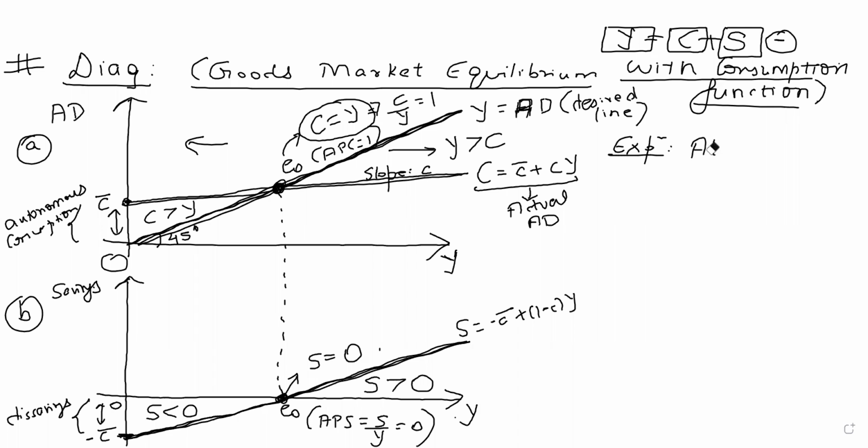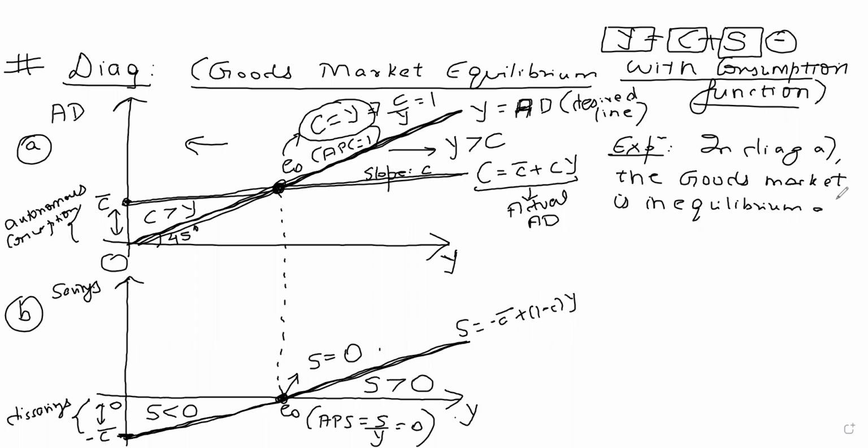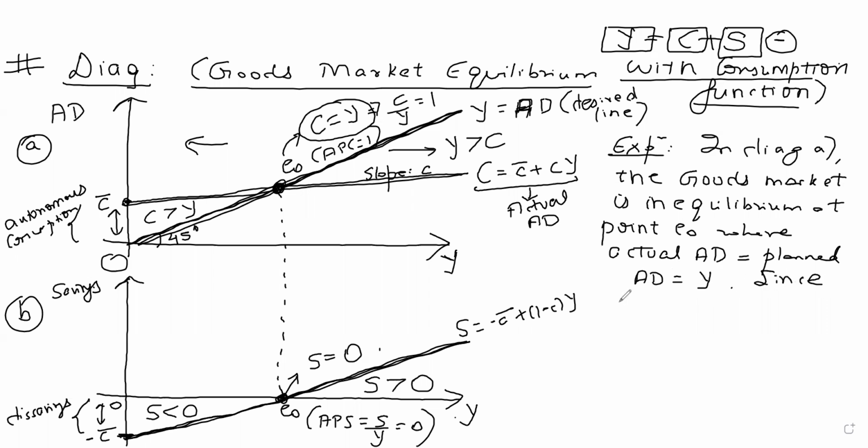In diagram A, the goods market is in equilibrium at the point E0, where the actual aggregate demand is equal to the planned aggregate demand, which is equal to the output, Y. Since the actual aggregate demand for now is only equal to my consumption, at the point E0, consumption is equal to income.